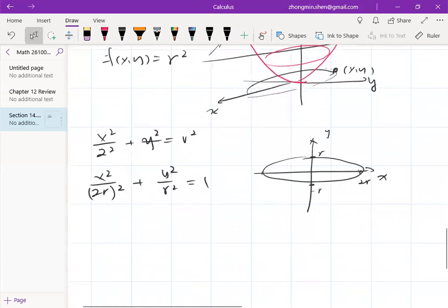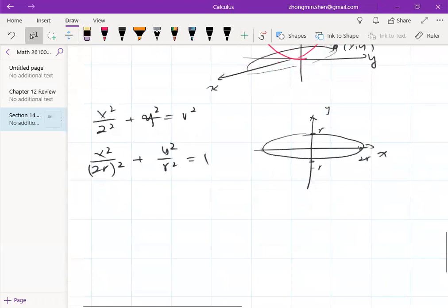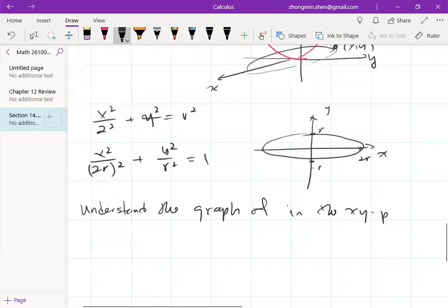So how can I understand the graph in a different way? We are trying to understand the graph in the xy plane only.